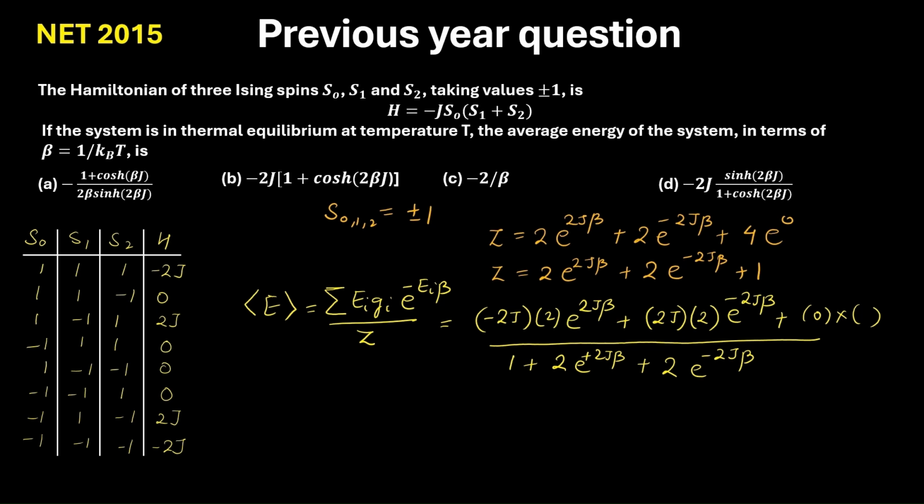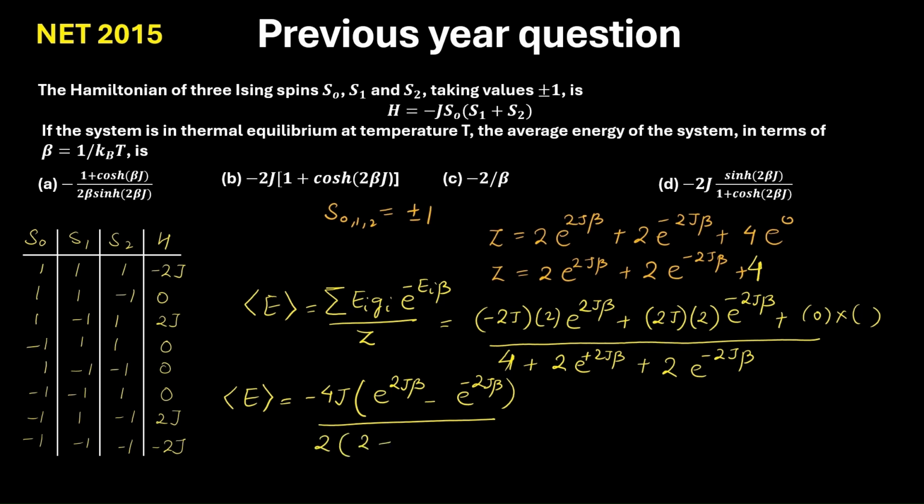So what we can do is, E is equal to, if I take minus 4J common, then I will get e to the power 2J beta minus e to the power minus 2J beta divided by, and here in this term we can take 2 common, so 4 should be there, so I can take 2 outside.